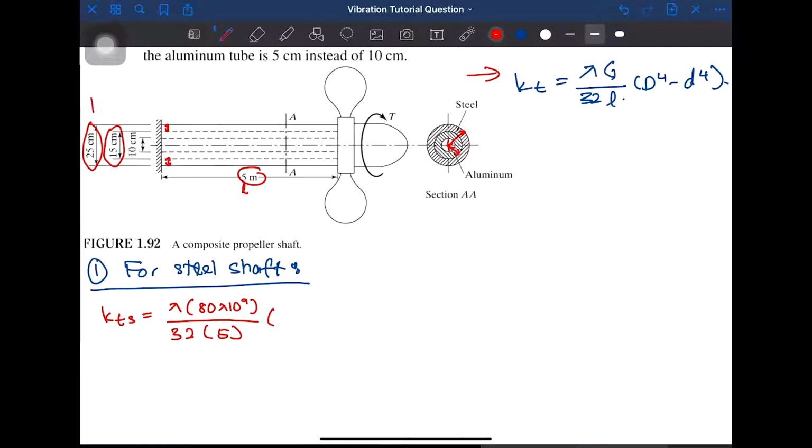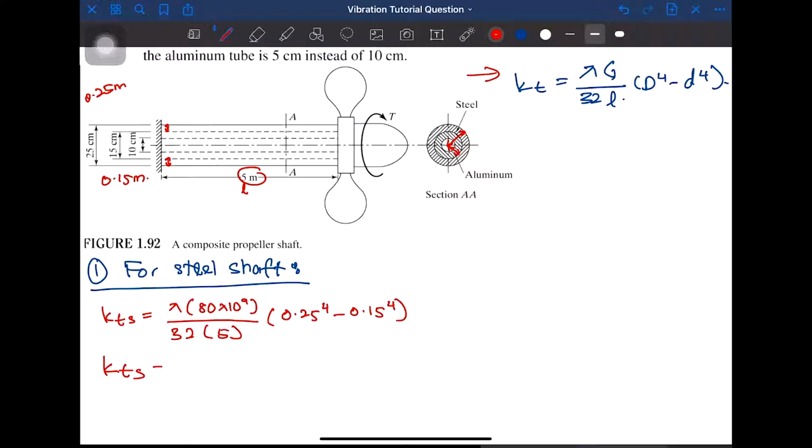So the big diameter here is 25 cm. When you substitute, make sure you substitute in SI units. So the SI unit of 25 cm is 0.25 meter, and the SI unit for 15 cm is 0.15 meter. So the big diameter 0.25 to the power of 4, minus 0.15 meter to the power of 4.